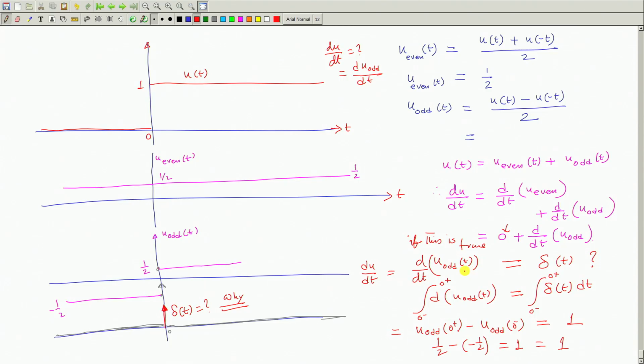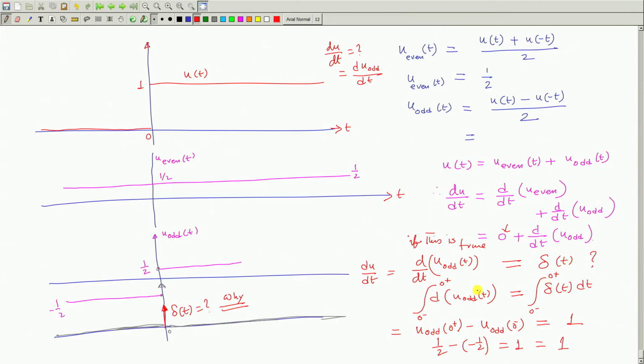So, du odd t is what? I am telling maybe du/dt, you multiply with dt on both sides. Let us assume, okay, but I am not sure, I have put a question mark, maybe it will be equal to an impulse, delta t I have put. Then you multiply both sides by dt, then it will be du odd t equal to delta t dt, that I have not written.